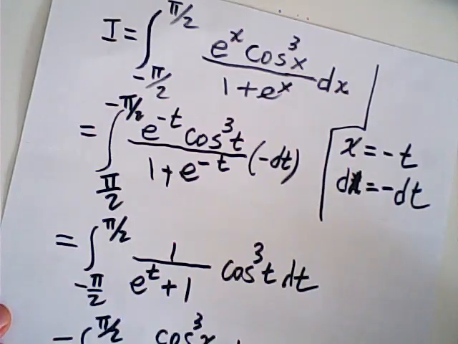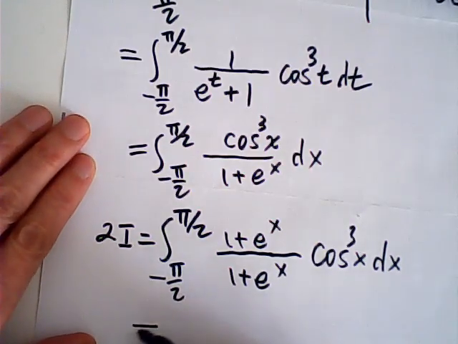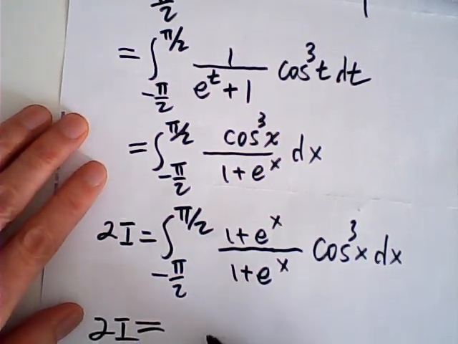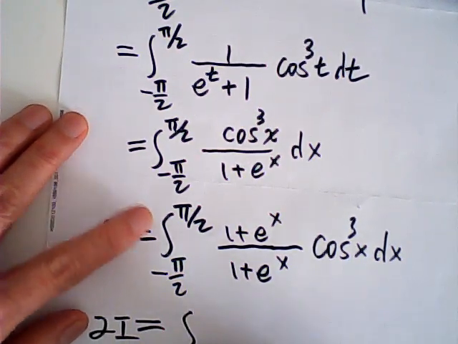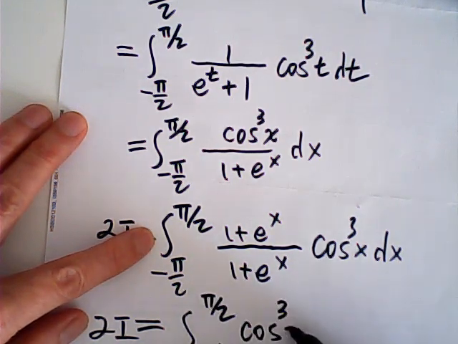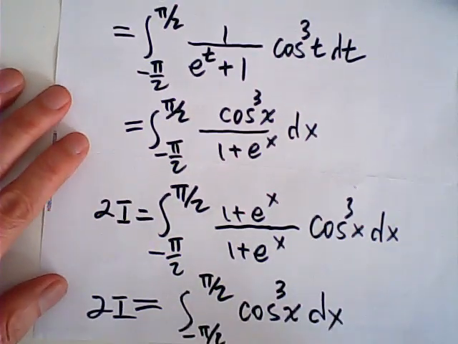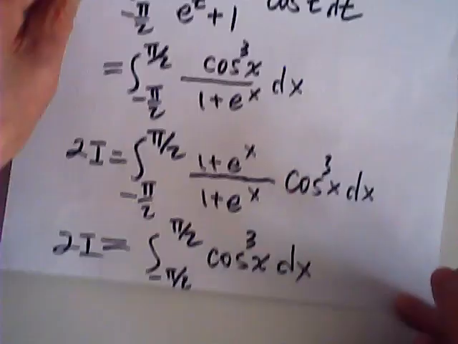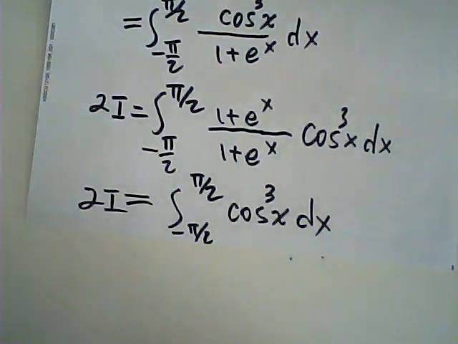So finally, 2I is equal to the integral from negative half pi to positive half pi of cosine cubic x dx. You see, the function becomes much easier.